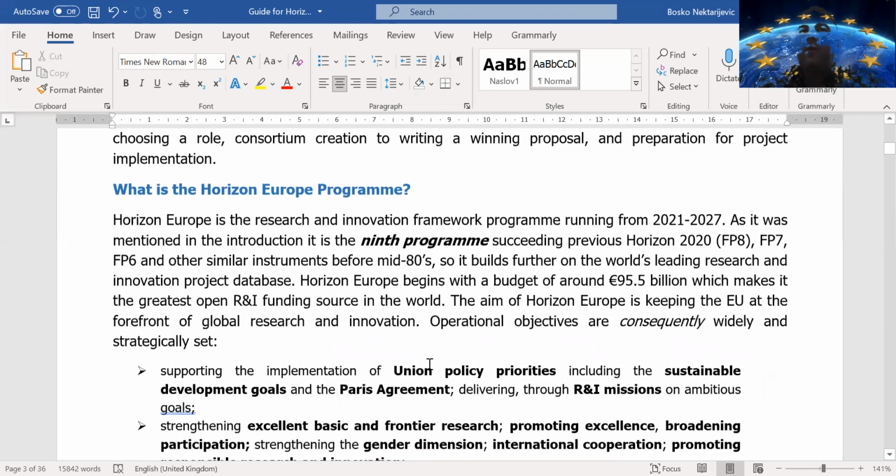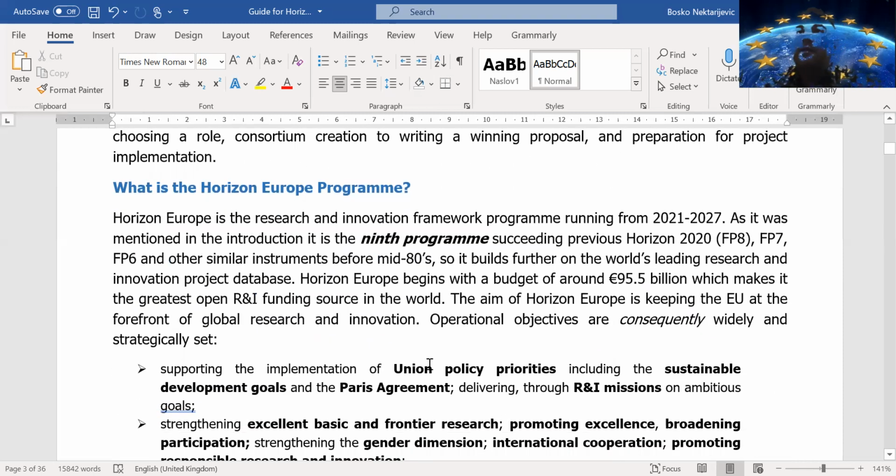Now, when we started these guidelines, we actually started with an explanation about what the Horizon Europe program is. But I won't, in this case, start from here.